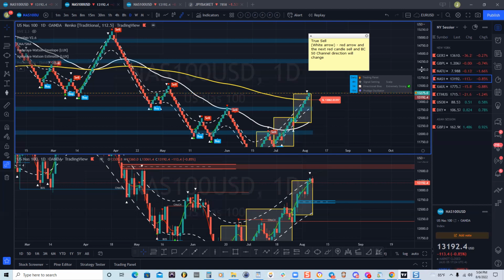Because if you go for a big brick size, like on a daily, that represents probably a $100 move for each brick, and that could destroy your option. So you've got to be careful.